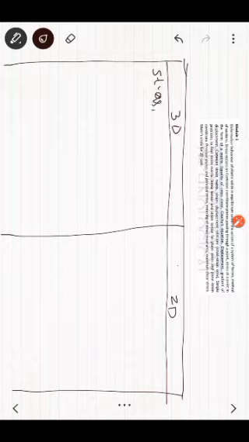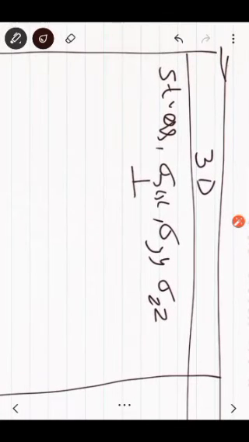So we will be having, along the x direction, sigma xx, along the y direction sigma yy, and along the z direction sigma zz. Due to this, at 90 degrees to the x direction you will be having tau xy, and at 90 degrees to the y direction you will be having tau yx, and at 90 degrees to the z direction you will be having tau zx and tau zy.